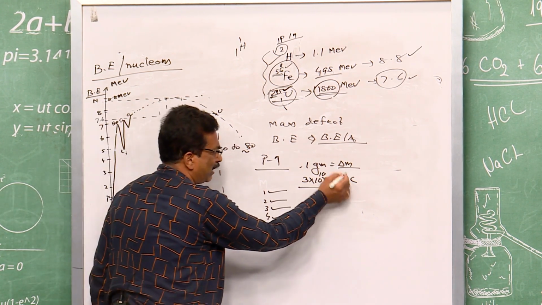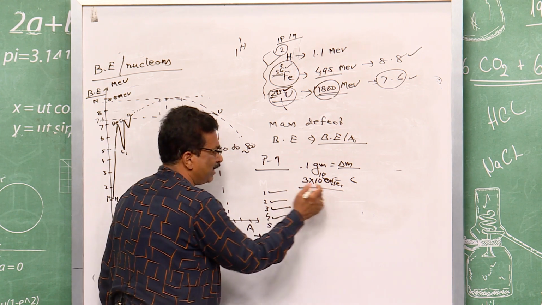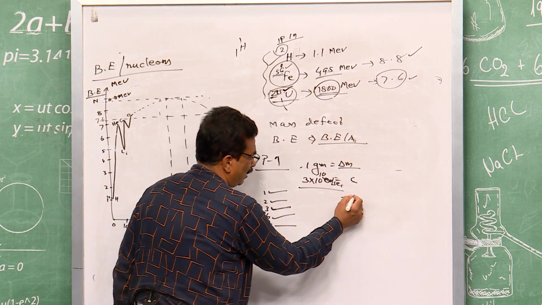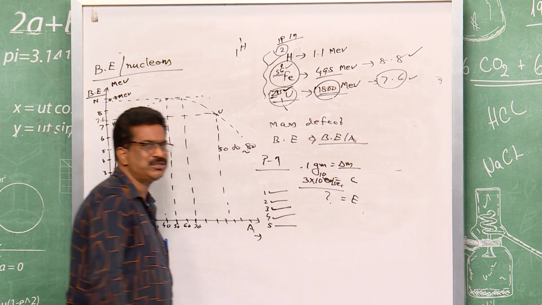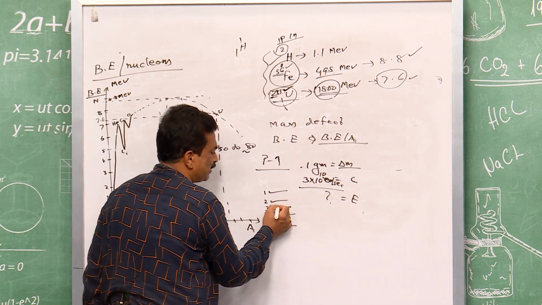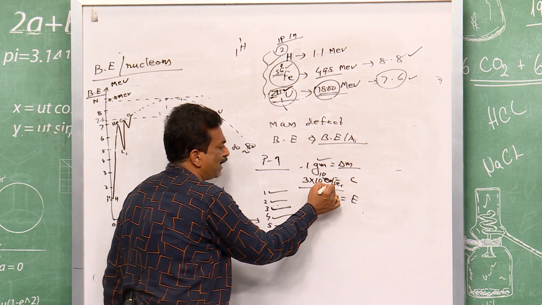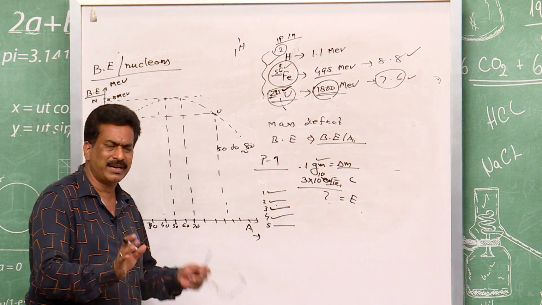Here, two data are given, and what is asked is the energy. You see this is in gram and this is in centimeter per second, so they are in the same unit.